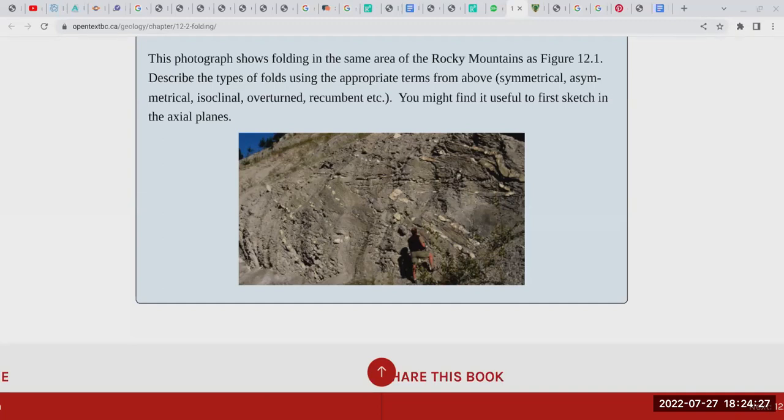My axial plane would run right through there. Very good, Mikey. Based on your description above the man, I would get an axial plane right through there. Now, would you consider that to be asymmetrical, symmetrical, or overturned? It looks asymmetric based on the axial plane.